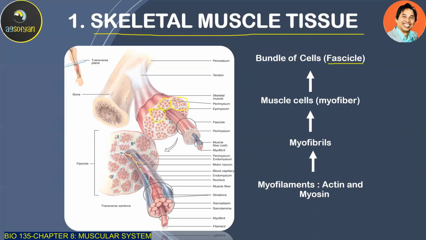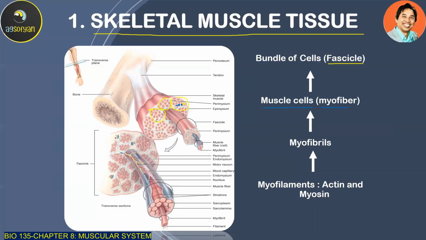Inside the fascicle, there are a lot of muscle cells. So one over here, I'm going to use a different color. This one is a muscle cell, muscle cell, muscle cell. So this fascicle consists of many muscle cells or myofibers.